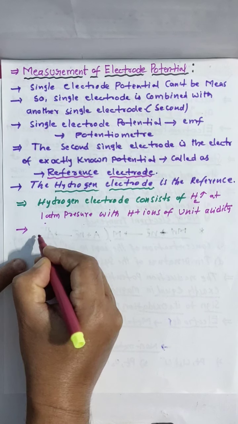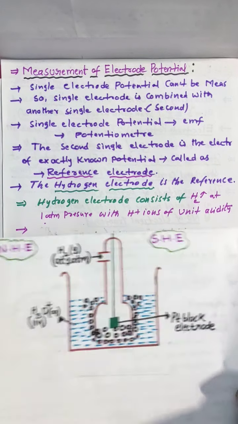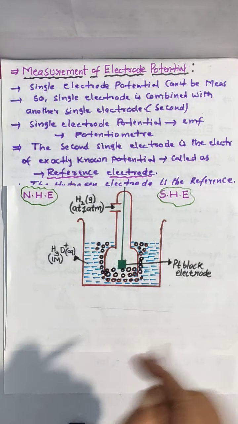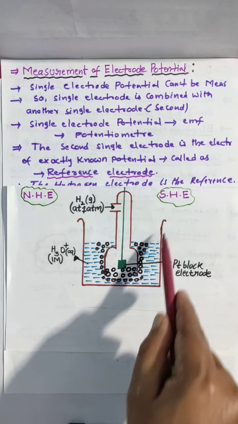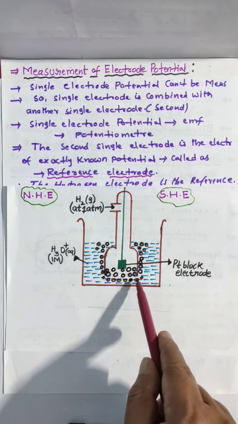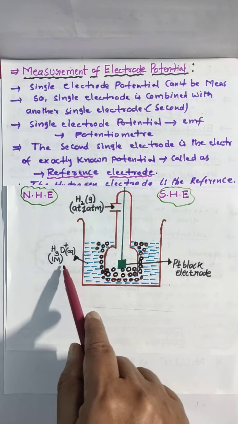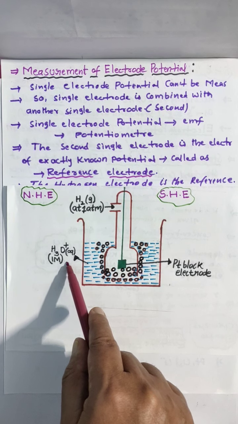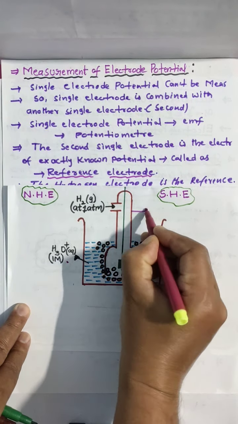And here I am showing the diagram of that arrangement. This is the hydrogen electrode. It consists of a vessel filled with 1 molar HCl, or 1 molar H plus ions, and a glass jacket.